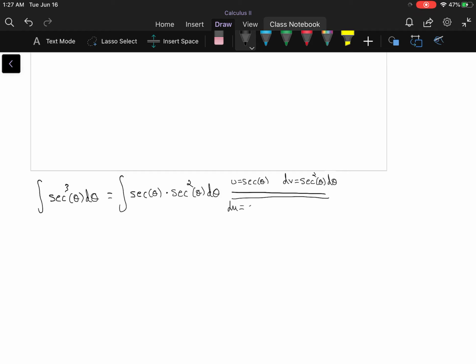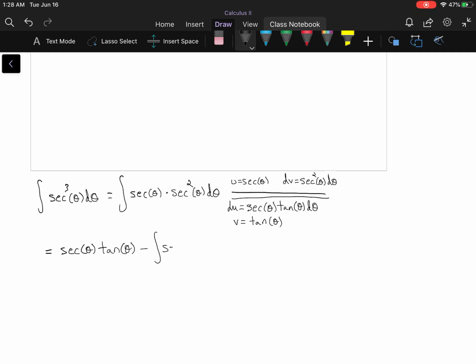which means du is secant tangent, and v is tangent. So integration by parts is uv, which is secant tan in this case, minus the integral of v du.